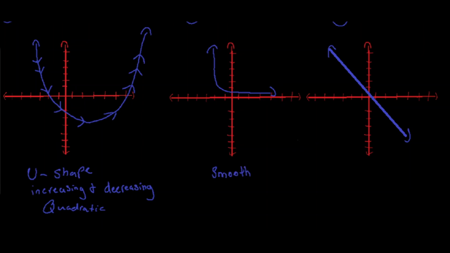Question 2, we see it's a smooth curve. We're also able to see that there is no maximum or minimum. And we can see that it's only decreasing along the x-axis.